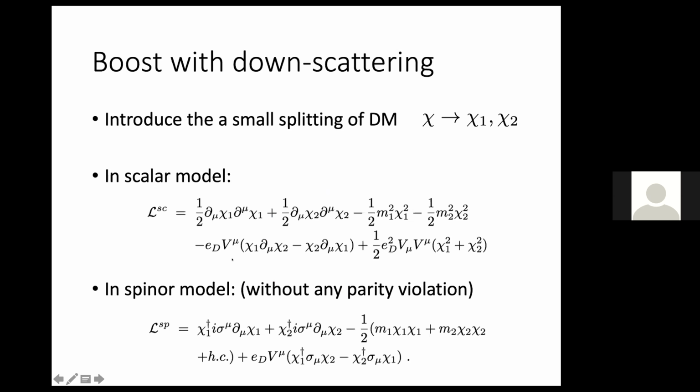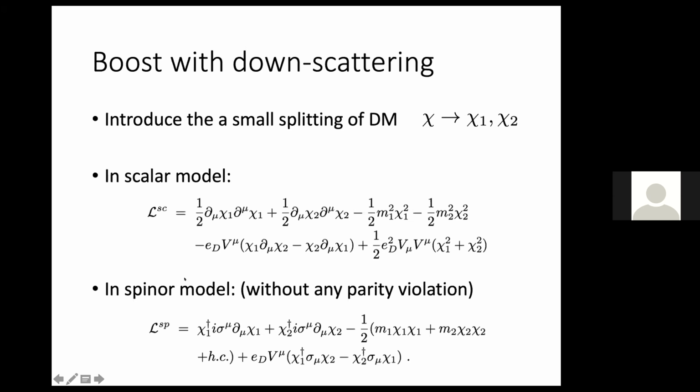After a very simple calculation, you can show that the coupling between the dark photon and the dark matter is actually off-diagonal. Basically, the vector field couples chi1 and chi2. So in the scattering mediated by this dark photon between the dark matter and the electrons, it will automatically convert chi2 into chi1.